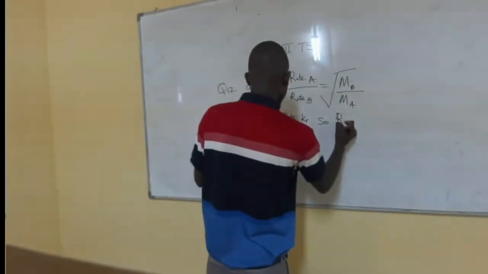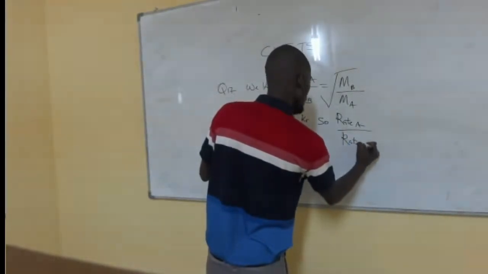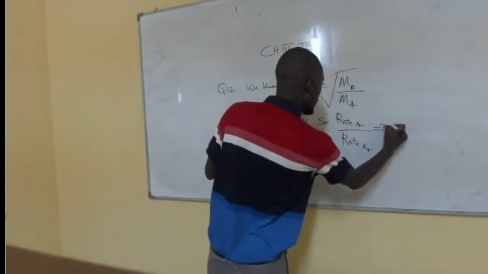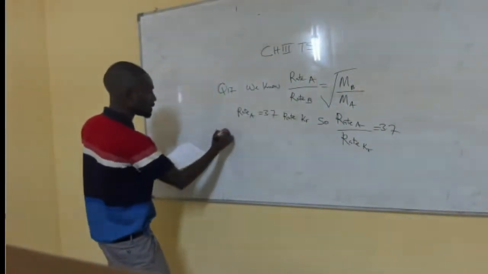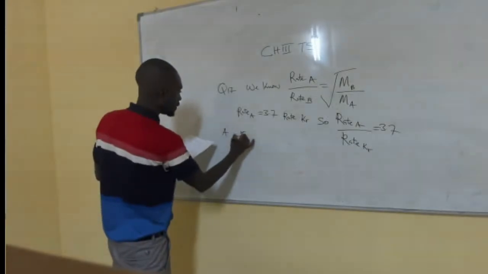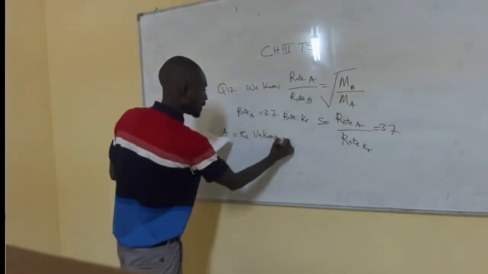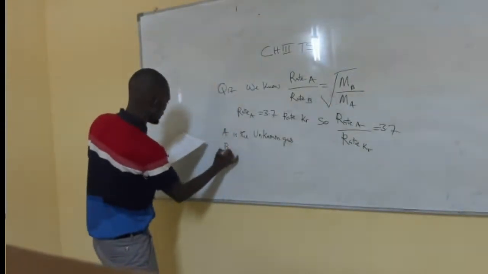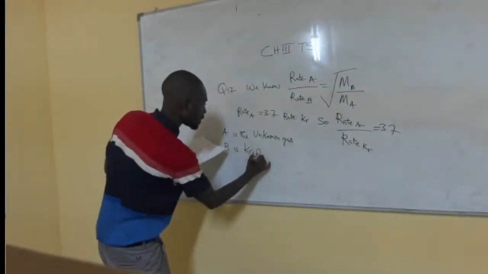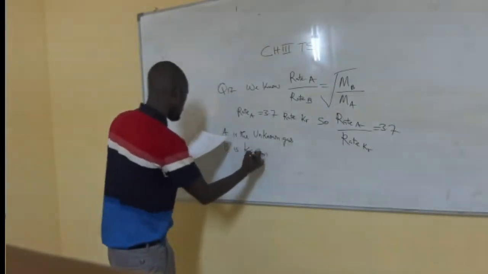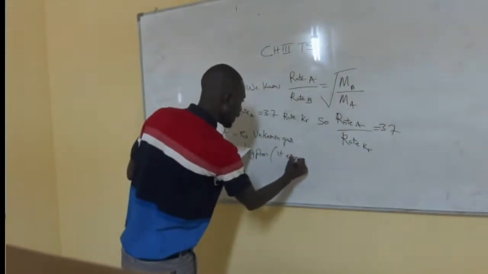A is the unknown gas. Then B is the one which is known, which is krypton. We can say it effuses slower.